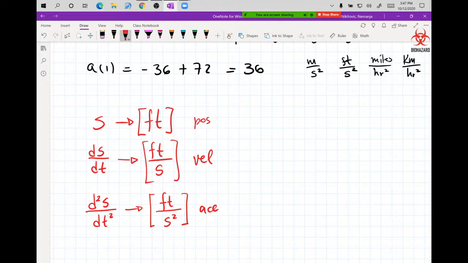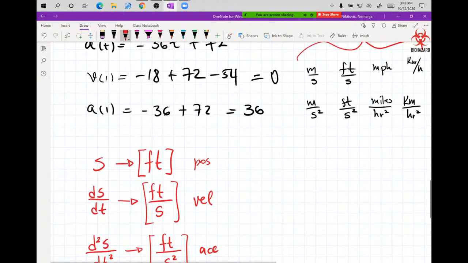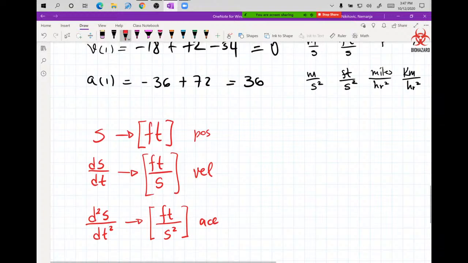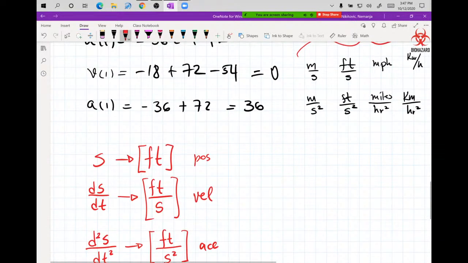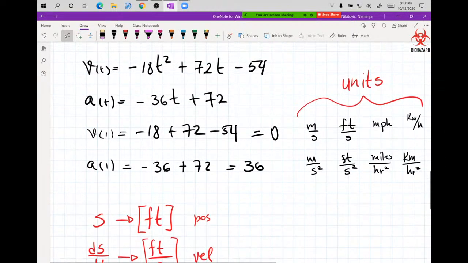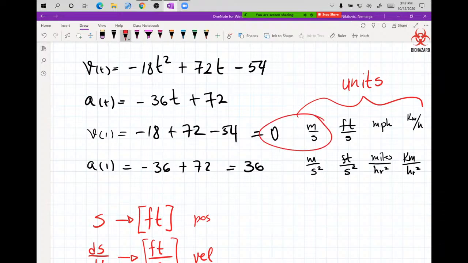The more derivatives you take, the exponent in the denominator keeps rising. So those are the rules of the units. So we have our velocity, let's say 0 meters per second, and then acceleration would be 36 meters per second squared.